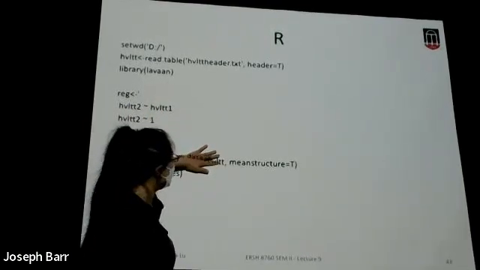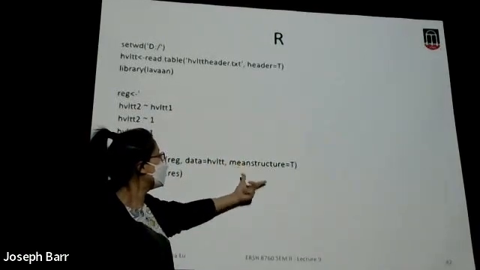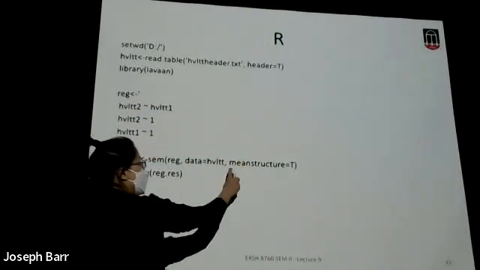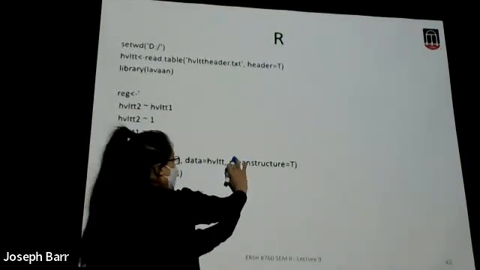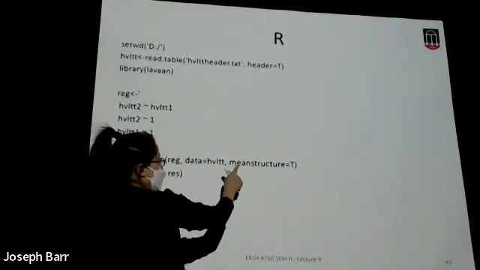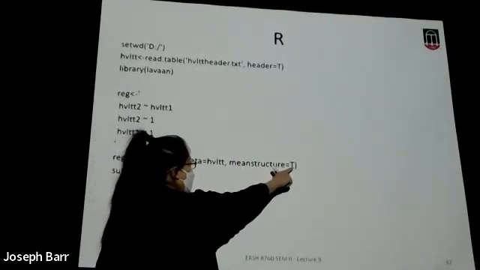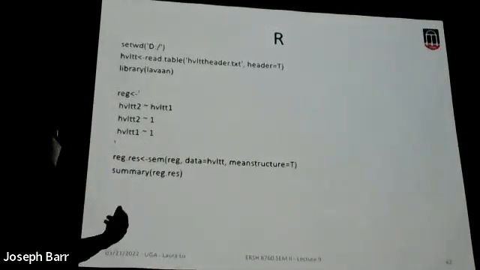And here is a key note, the key option: meanstructure equals yes. By default, if you didn't specify anything, the mean structure is not considered. But if you make this option available, meanstructure equals yes, then it will do the mean and the covariance analysis together.